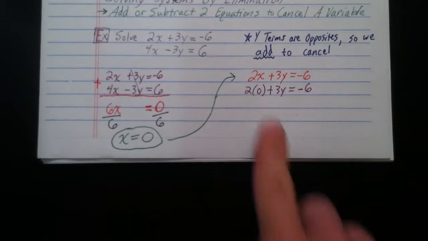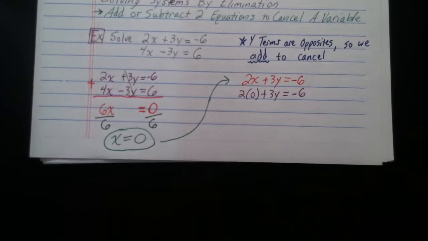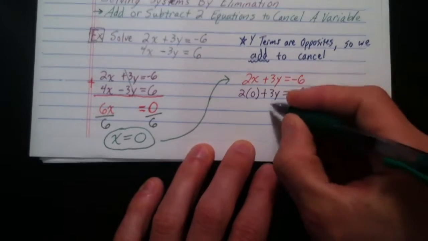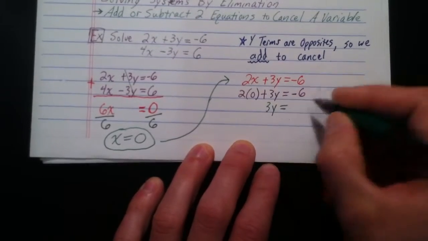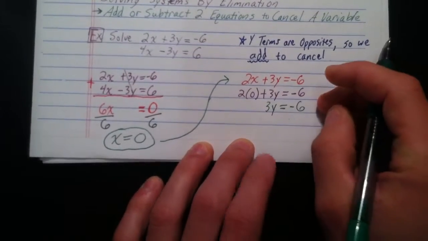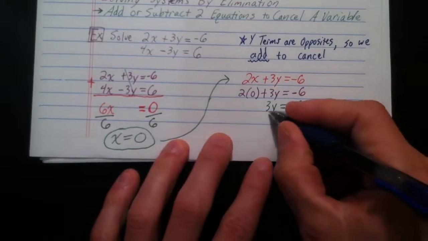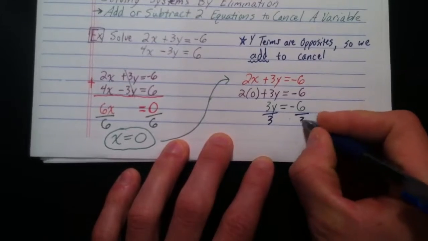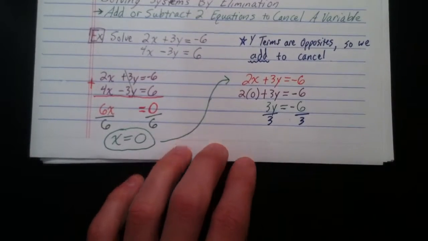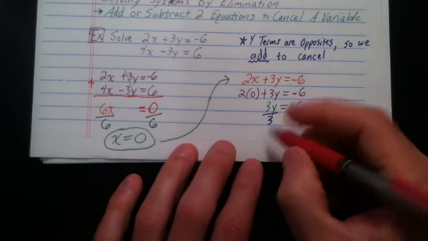The 2 times 0 kind of zeroes out the x term, and we're just solving an equation for 3y then. So 3y equals negative 6. Solving that equation for y, we would divide on both sides by the coefficient 3, and we get y equals negative 2.